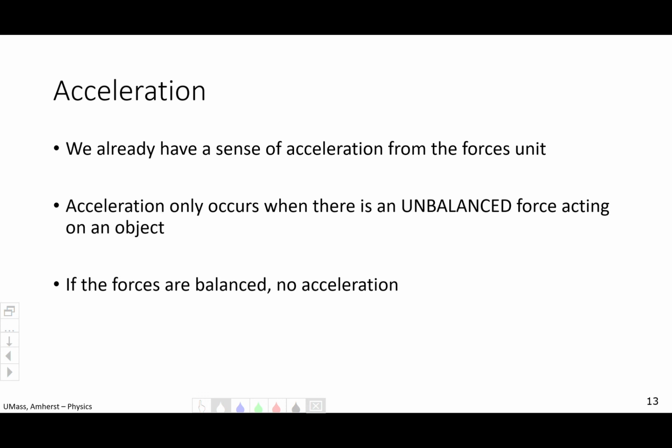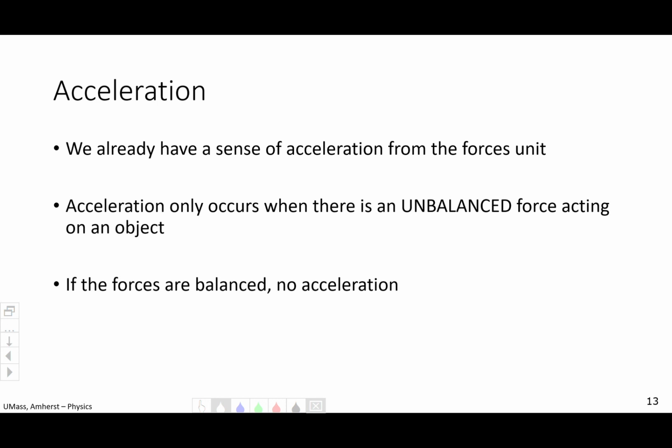So from the forces unit, ideally you remember how an acceleration occurs. So we should understand that an acceleration only exists when there is an unbalanced force acting on an object. And we have previously defined acceleration as any change in the motion of an object, and that could be both speed and direction.